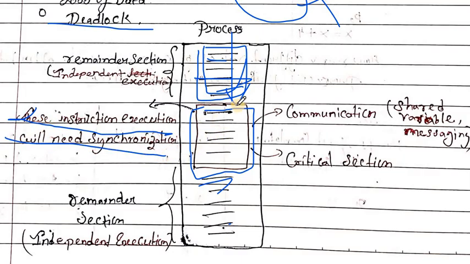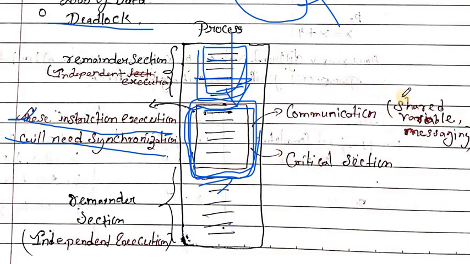Here is some code which needs to communicate with another process, and if there is any shared variable present here, this section, where the communication with another process happens, is called the critical section.